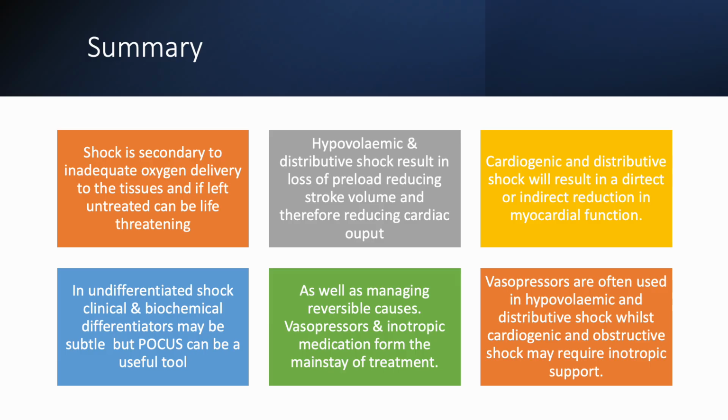In undifferentiated shock, clinical and biochemical differentiators may be subtle, but point-of-care ultrasound can be a useful tool. As well as managing reversible causes, vasopressors and inotropic medication form the mainstay of treatment. Vasopressors are often used in hypovolemic and distributive shock, whilst cardiogenic and obstructive shock may require inotropic support.